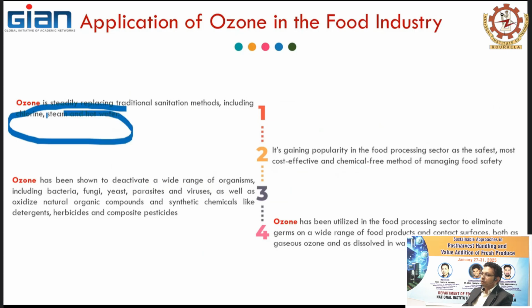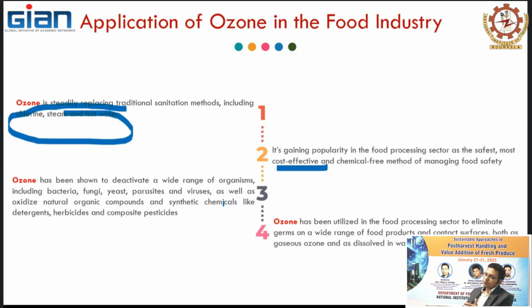In the coming period we may have potential, since performance-wise, when I checked, ozone is more than 1.5 times better than chlorine. It is also a safe product to use, natural, cost effective and chemical free, so that's why ozone treatment is getting attention nowadays.